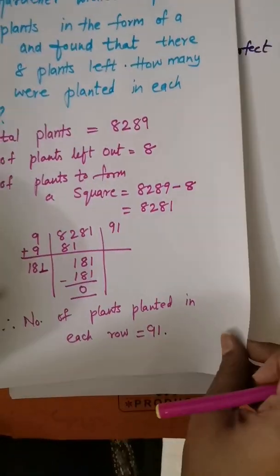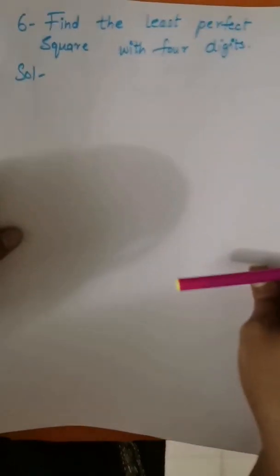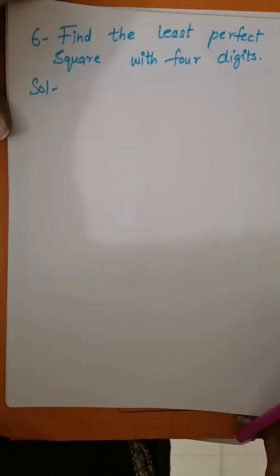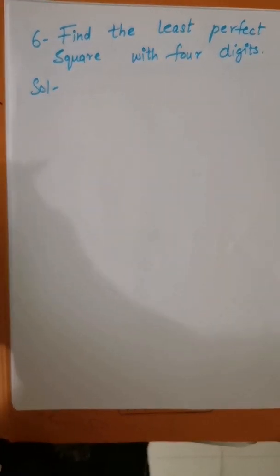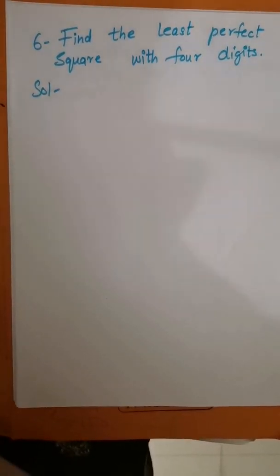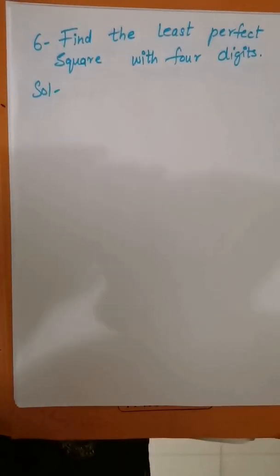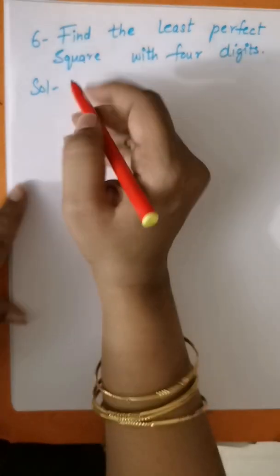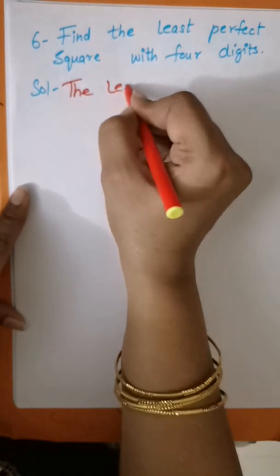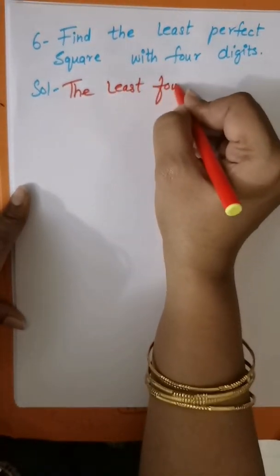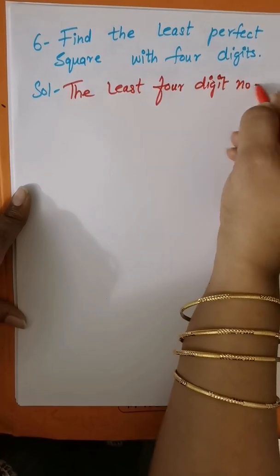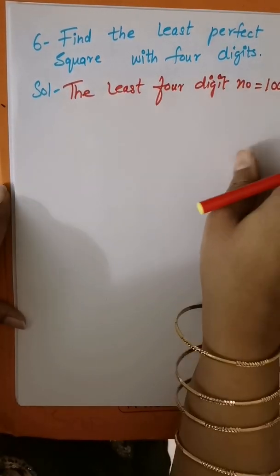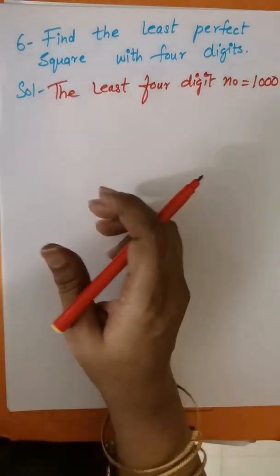Next, find the least perfect square with a 4-digit number. We know that the least 4-digit number is 1000.